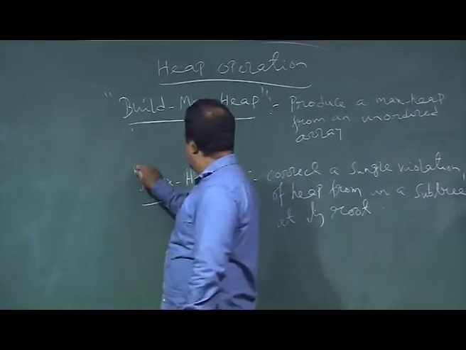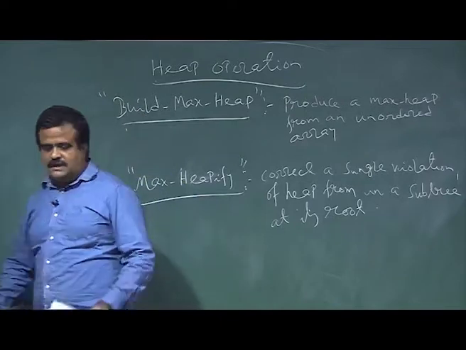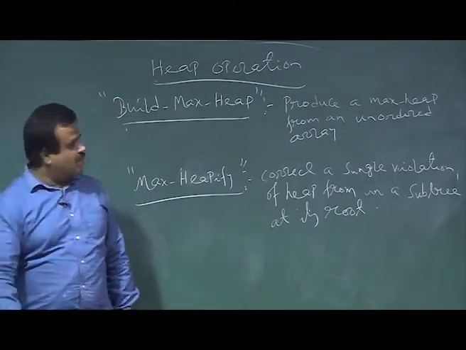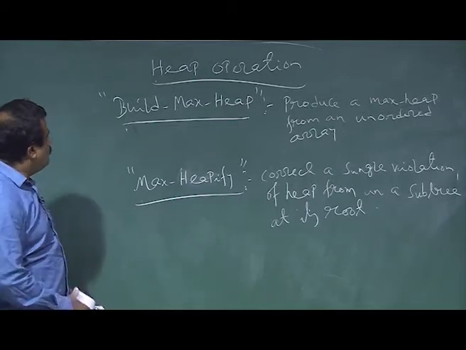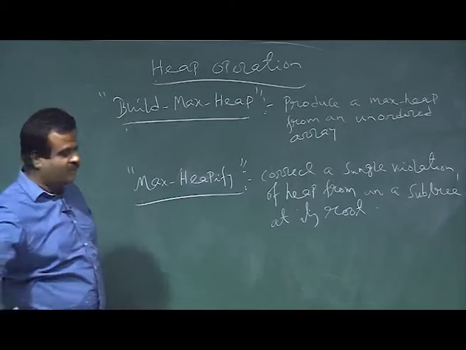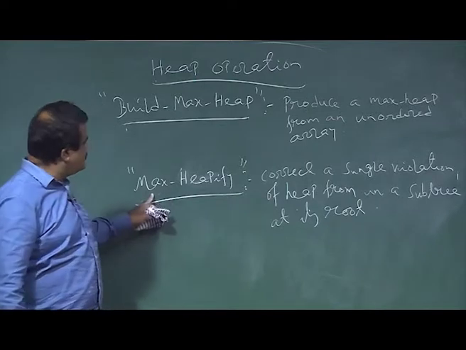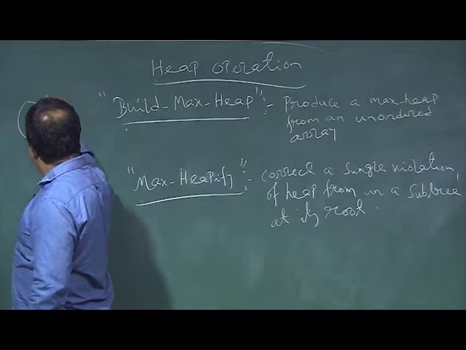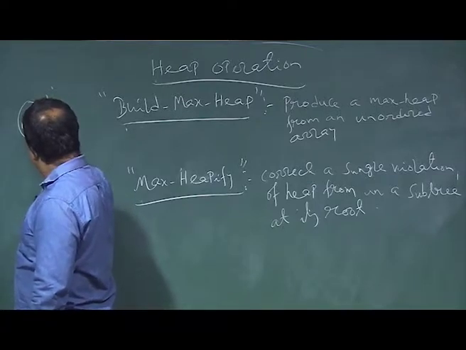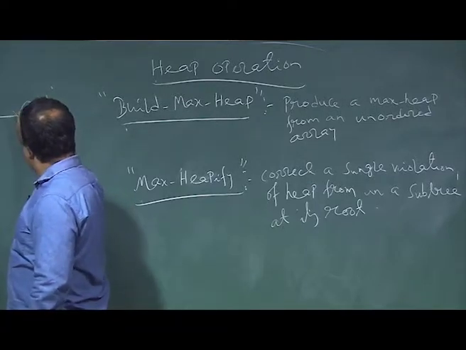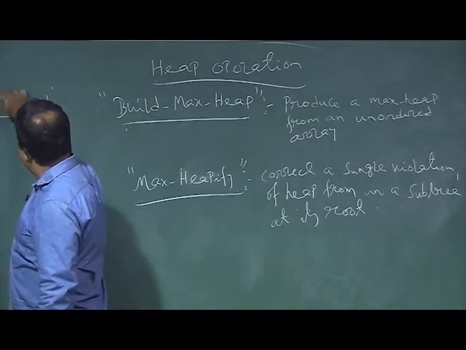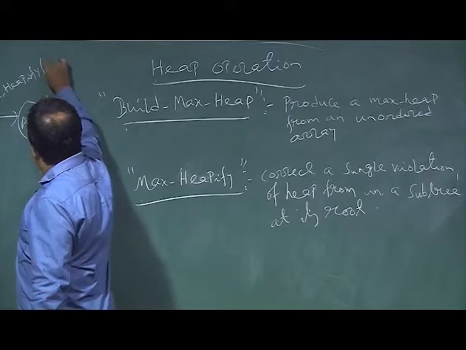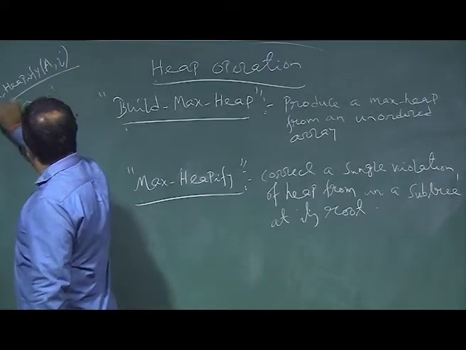So, this is a subroutine which we are going to call in build-maxheap, and this maxify is basically for the ith element. So, maybe we have to call this maxify of the array at the point i. So, this is the call.